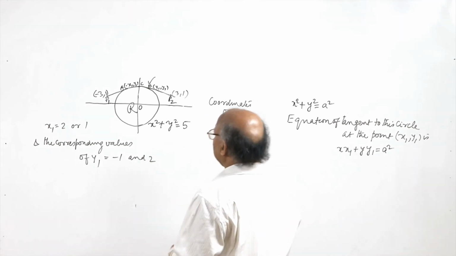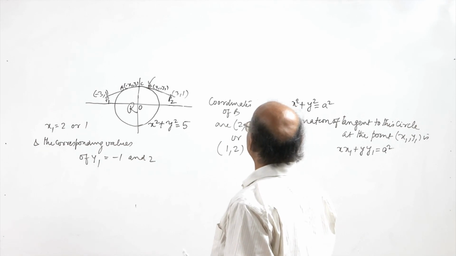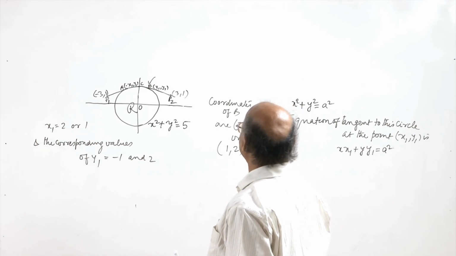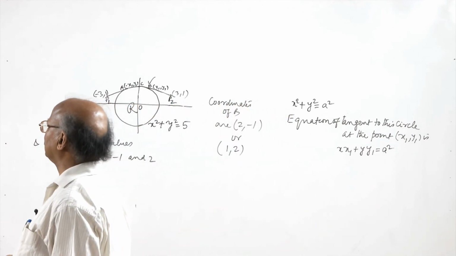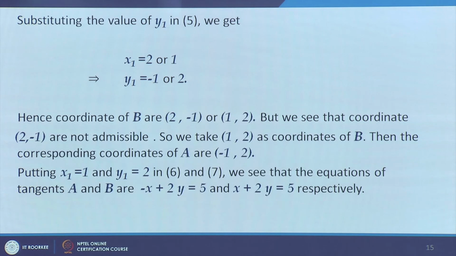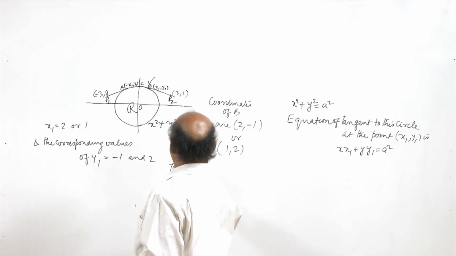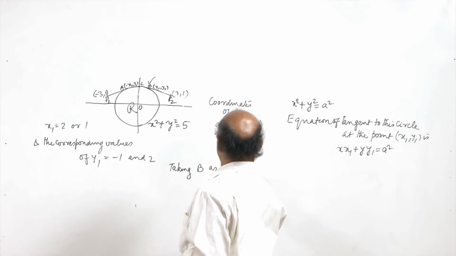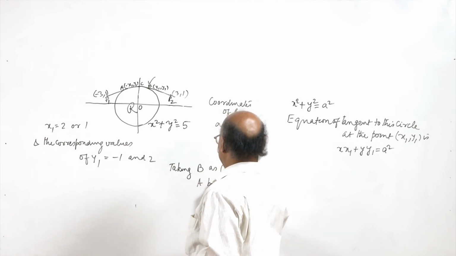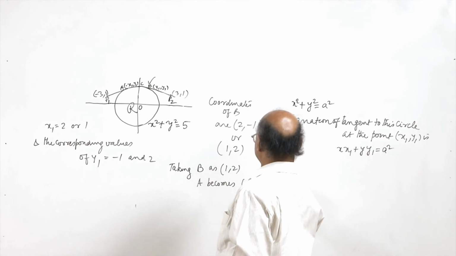Now, clearly the coordinates of B cannot be (2, -1), because B lies in the first quadrant, so the coordinates of B we take as (1, 2) and the corresponding coordinates of A are therefore (-1, 2). So, taking B as (1, 2), A becomes (-1, 2).